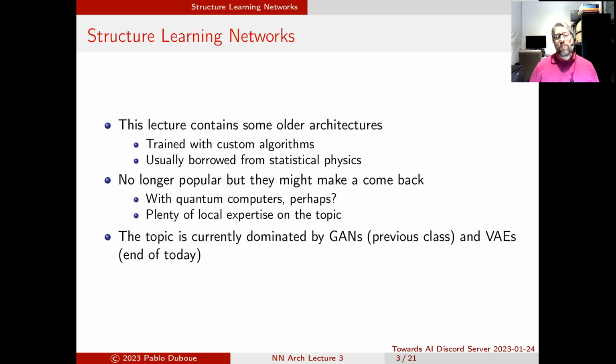Another aspect that I would like to mention about these structured learning networks is that if you can tap people expert in physics, for example, you can get a lot of mileage regarding them, and that's quite popular these days, as we have many people coming into data science with a physics background.